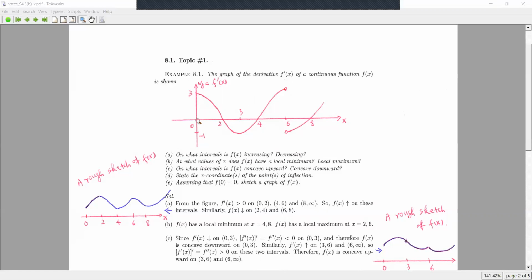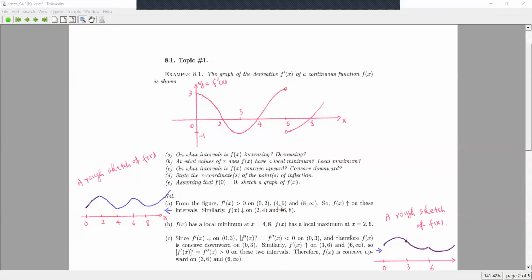From this diagram, we can see that between 0 and 2, the graph lies above the x-axis. So between 0 and 2, this guy is positive. Derivative, this guy is positive over the interval 0 to 2.